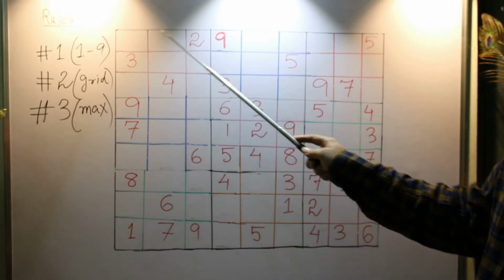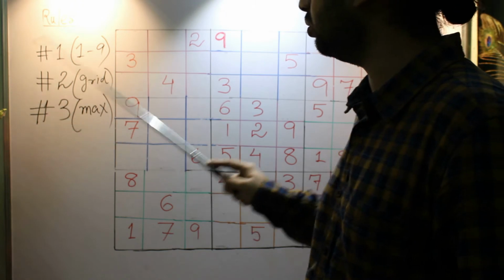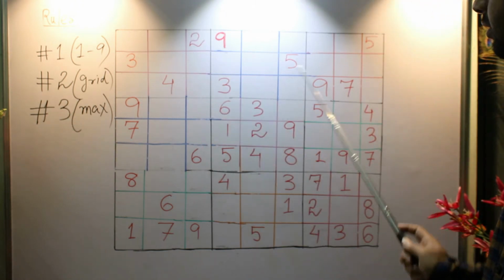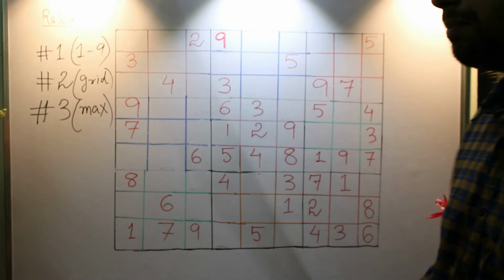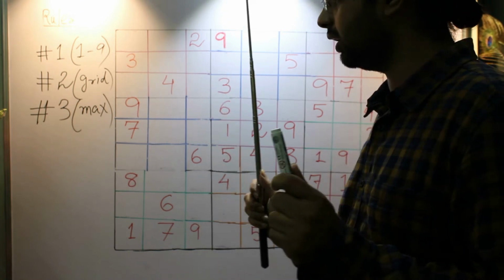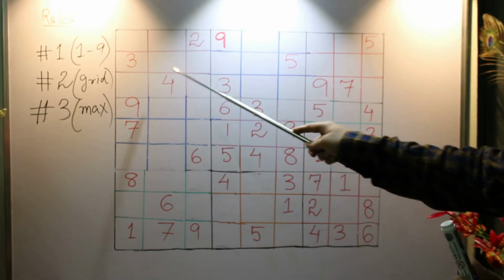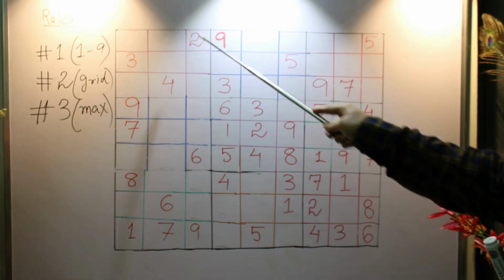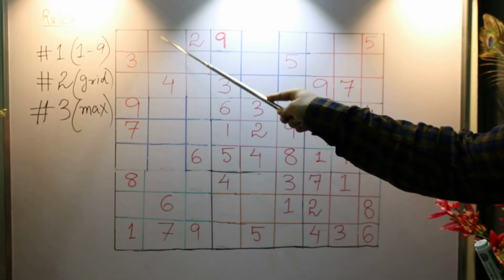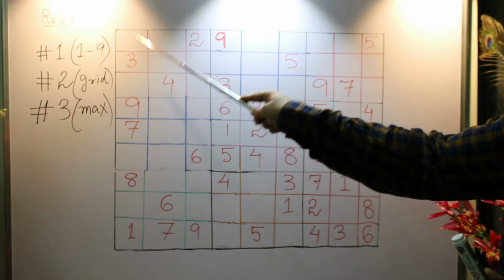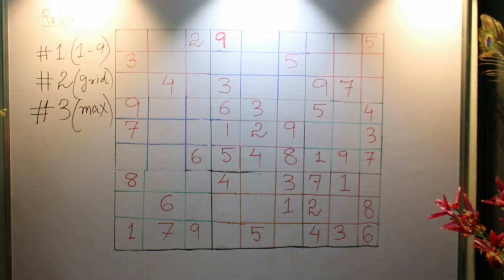Likewise, rule number 2 is that for any particular grid, no number can be repeated. For example, 4 is already here, so you cannot place 4 anywhere in this particular grid. Okay.